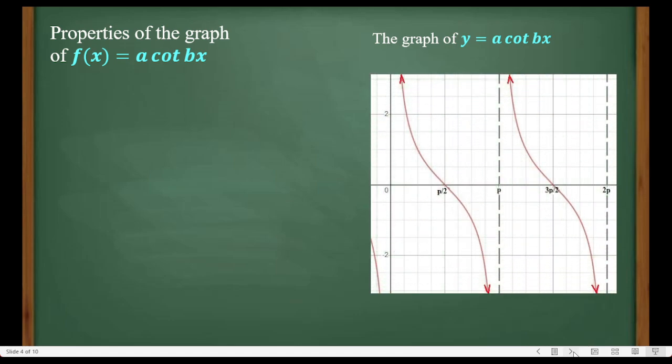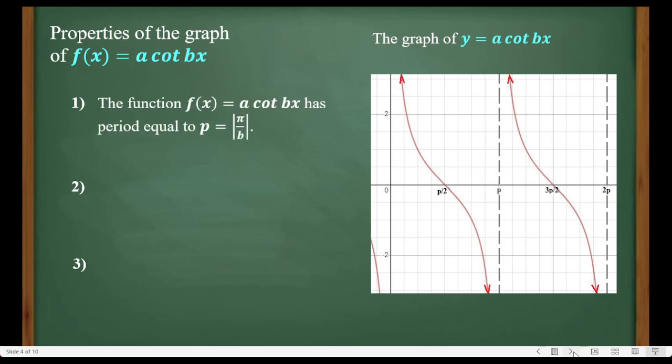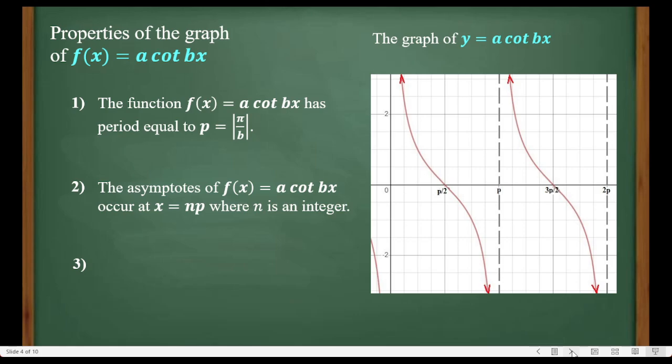Okay, so this is the graph, and we have the properties. The first one is the function f of x equals a cotangent of bx has a period equal to the absolute value of pi over b. And the asymptotes of this function happen at coordinates x, which can be determined by the formula x is equal to np, where n is an integer and p is the period.